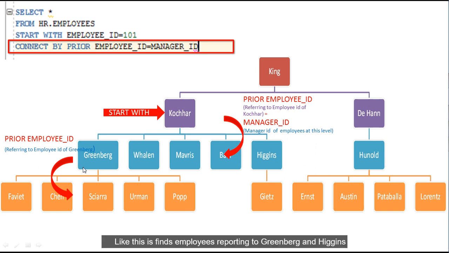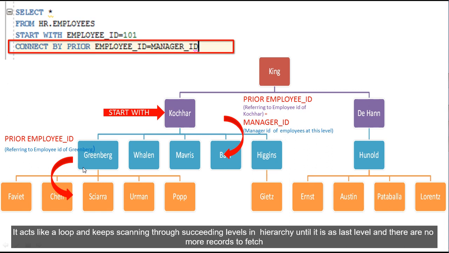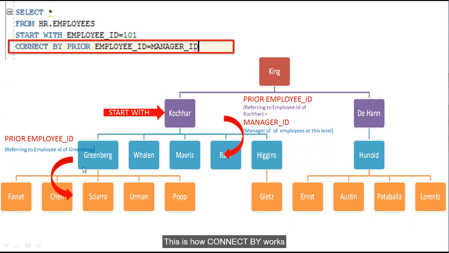And this is how it finds employees reporting to Greenberg and Higgins. It acts like a loop and keeps scanning through succeeding levels in the hierarchy until it is at last level and there are no more records to fetch. This is how connect by works.